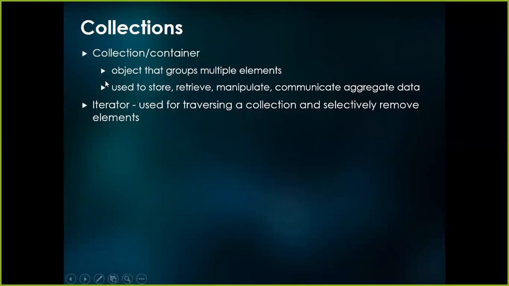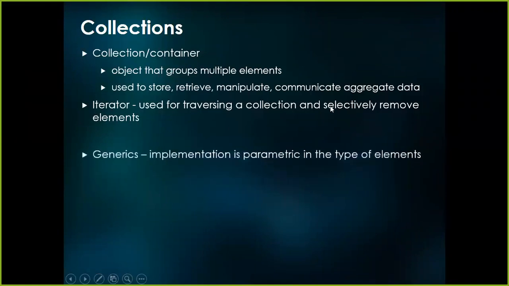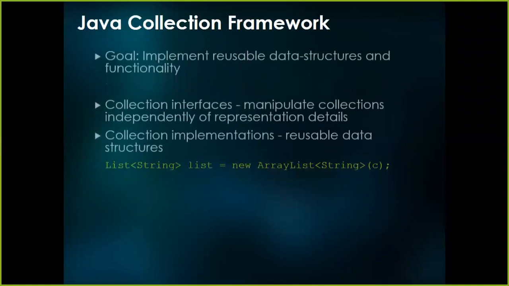Here, iterator is one keyword that you will see, used for traversing a collection and selectively removing elements. Generics programming, as I was telling you, all these collections are defined with generics. I'm not going much deeper into the generics concept, but as much as is needed here, I will complete.